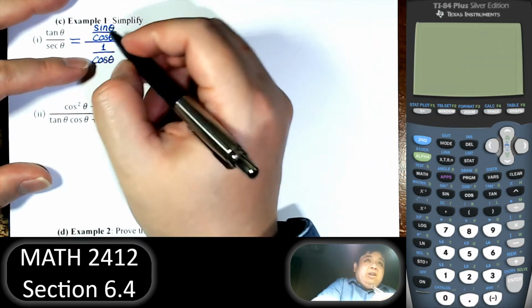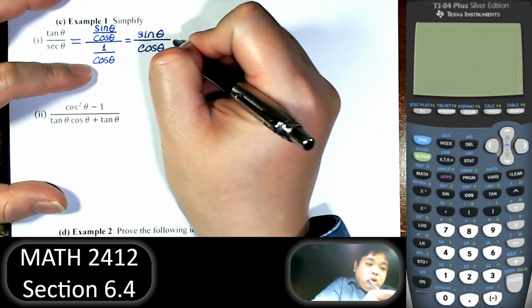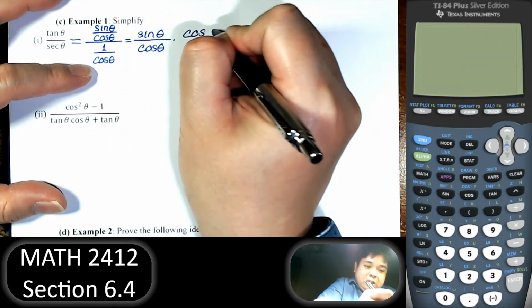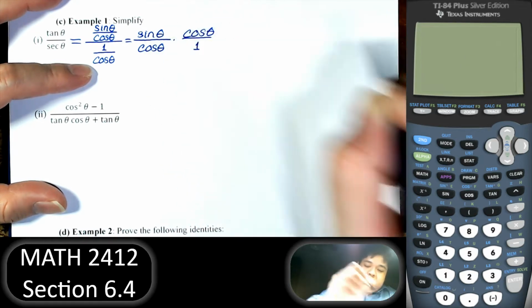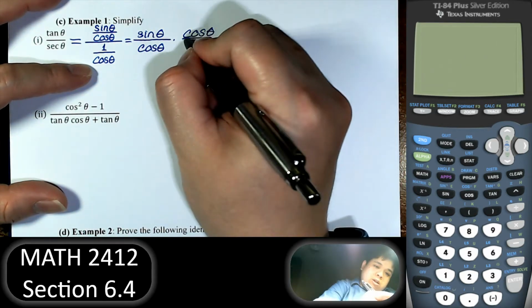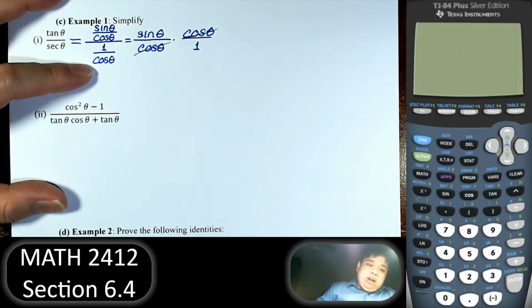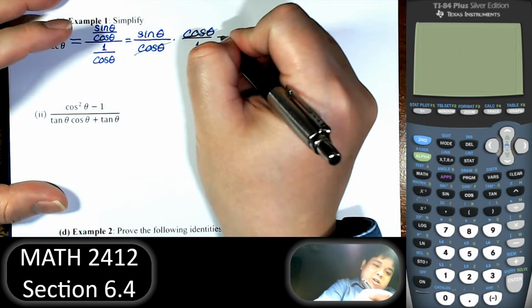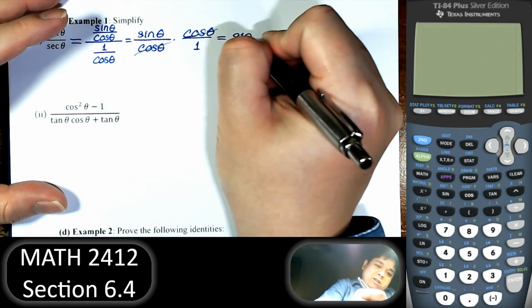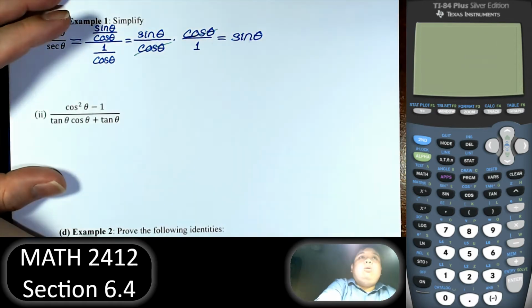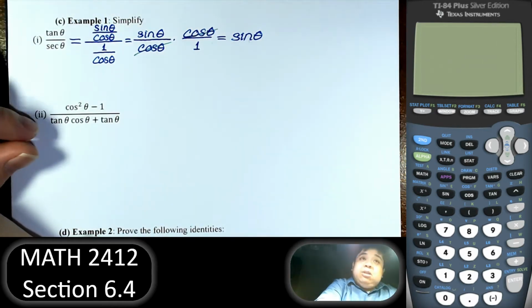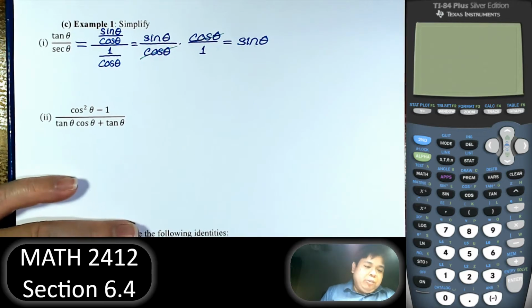Now, dividing a fraction is multiplying by the reciprocal. So just simplify, and we have sine over 1, which is equal to sine. Right, simple enough.